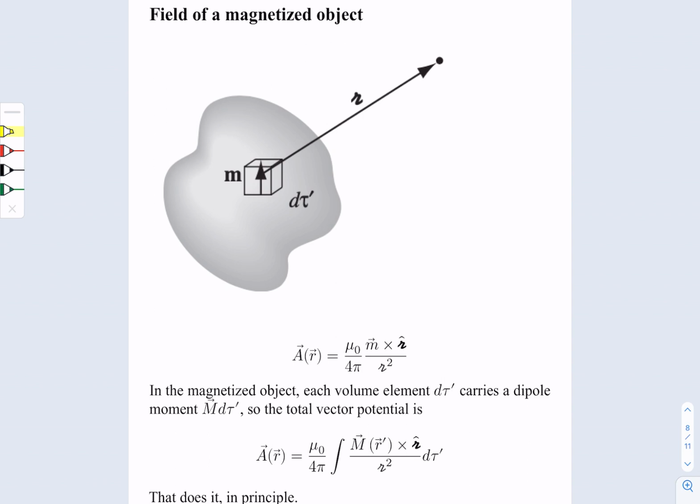Here we don't know how this object becomes magnetized. It can be ferromagnetic, or it can be para- or diamagnetic. But there is already a magnetization vector, the capital M, in this object.